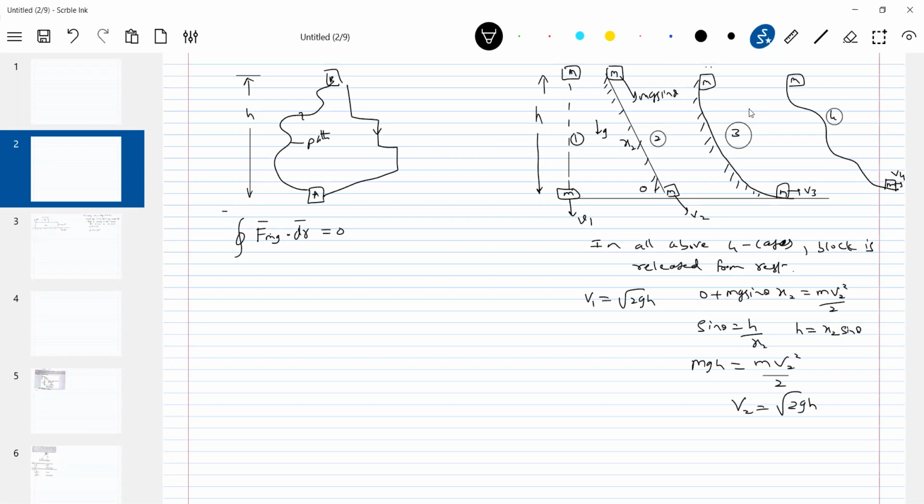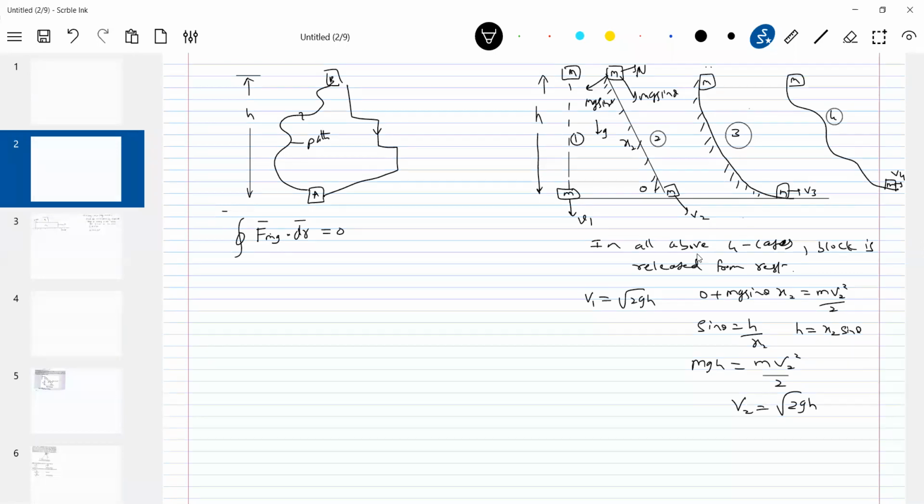Look at the first and second case. Actually, the weight does work, only the component of it, mg sin theta. The other component acts perpendicular to the incline, along the normal contact, and the work done by that will be 0. So only the component of the weight does work here.